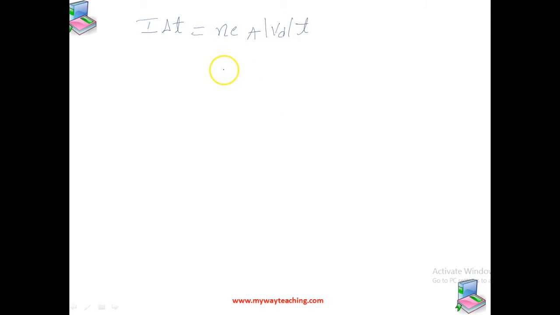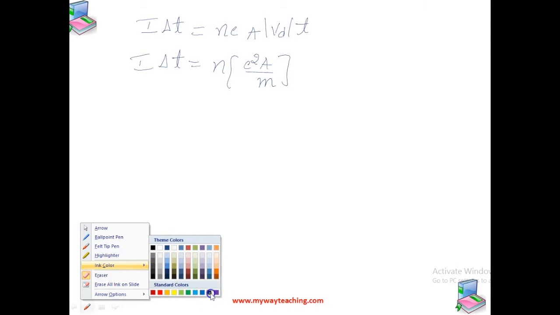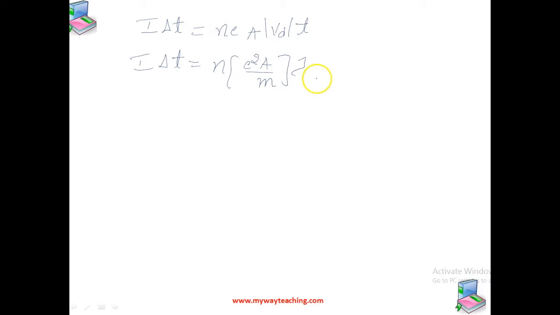Now we can substitute the value of Vd that we already know, which gives I equal to n e squared A by m tau E. So we know how I is related to current density.